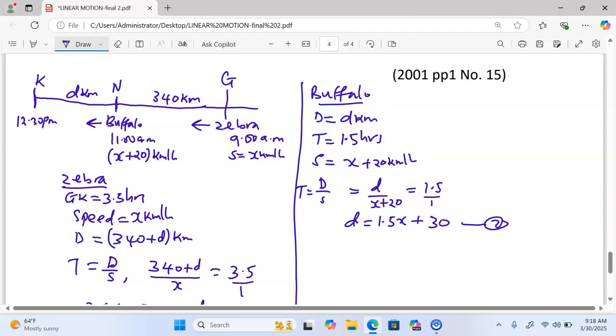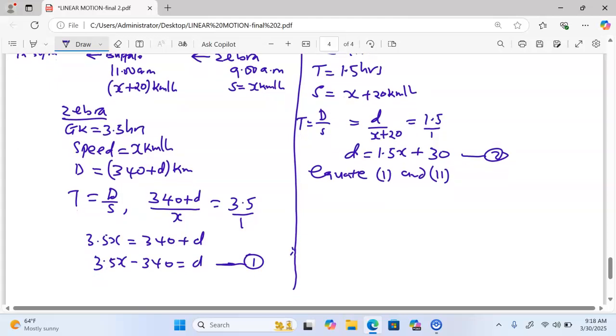Now we can equate equation 1 and 2 because both of them are D. So 3.5x minus 340 equals 1.5x plus 30.